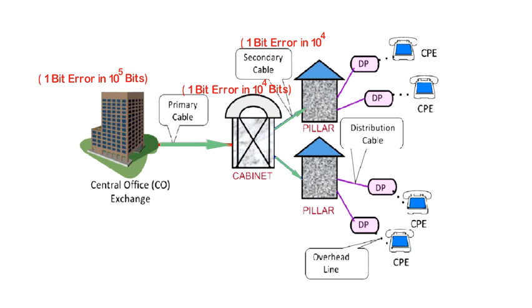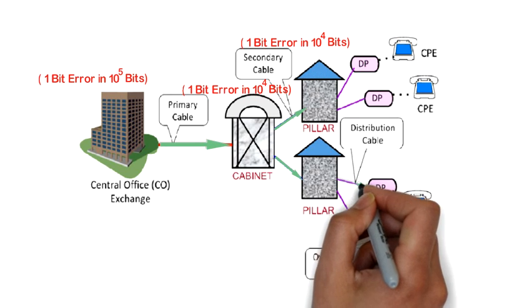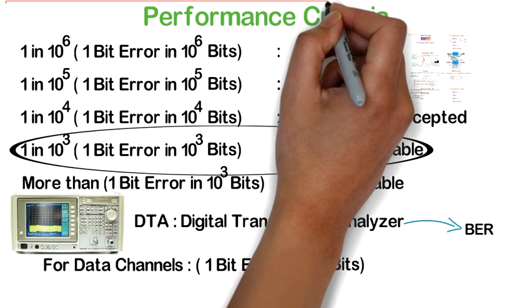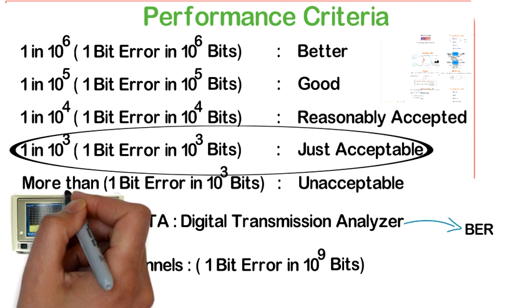If information or signal moves with this performance, that is 1 in 10 to the power 4 towards a distribution point, performance may reduce to 1 in 10 to the power 3. Now, if it continues towards CPE, performance may further reduce to 1 in 10 to the power 2, which is not at all acceptable. Means, customer does not receive good quality of service or good performance. Hence, to measure the quality of transmission system, these performance criteria play important role.